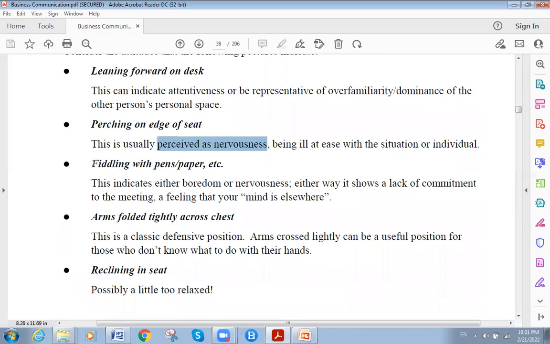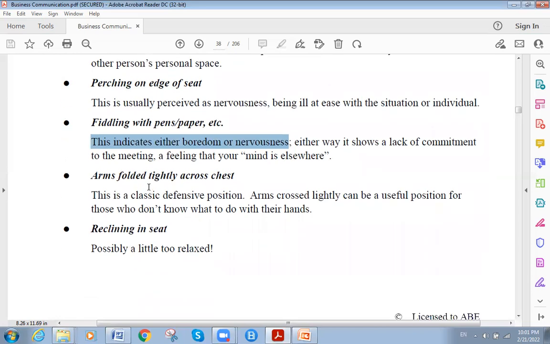Fiddling with pens, paper, etc. indicates either boredom or nervousness. When you just play with the pen or try to flip the papers, it shows that you are bored.